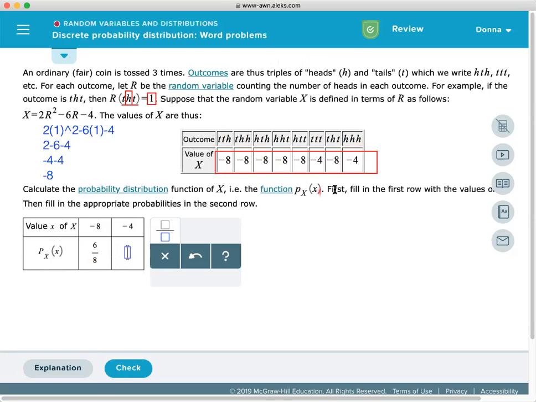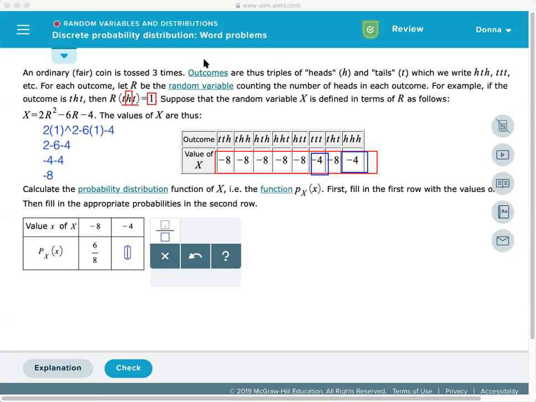And then if we take a look at the negative 4, it's going to occur 2 times, and that makes sense because the only 2 outcomes are negative 8 and negative 4. So if the negative 8 occurs 6 times, then the negative 4 would have to occur 2 times because there's only 8 possibilities.